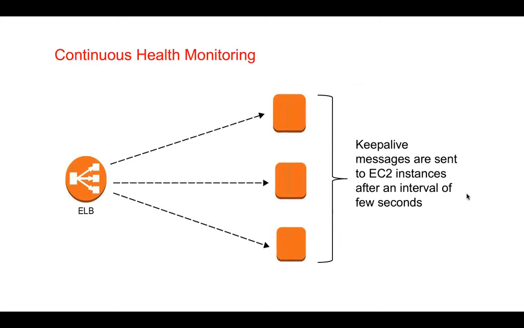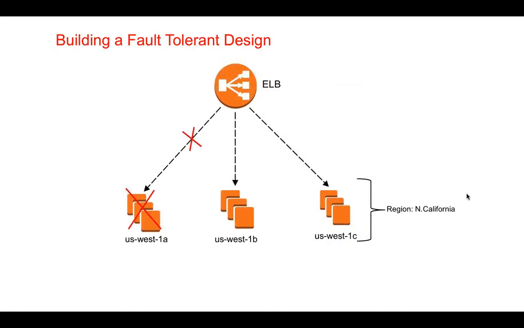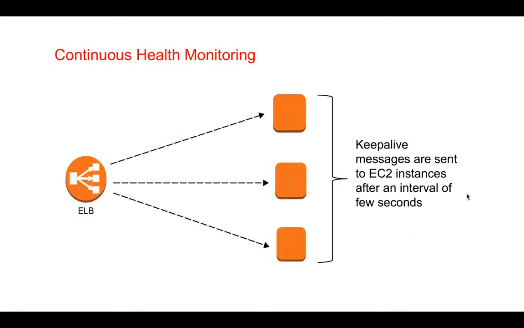So we already discussed this point. Your load balancer facilitates continuous health monitoring, which means it will send the keep alive messages to your instances after a few seconds and get to know whether they are responding or not, whether they're healthy or not. Now, we have seen the functionality of the load balancer. Any questions so far? So, three main functionalities we have discussed. It automatically redistributes the traffic, load balances the traffic, and performs the health check.